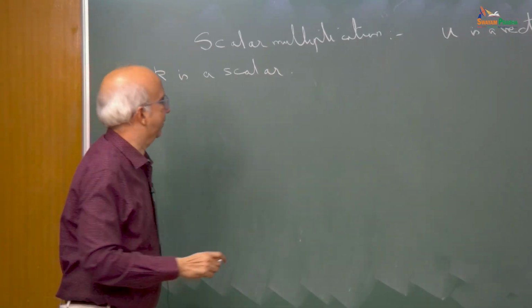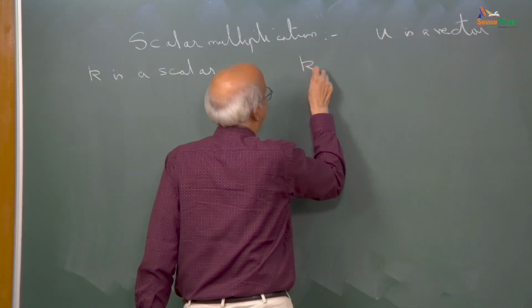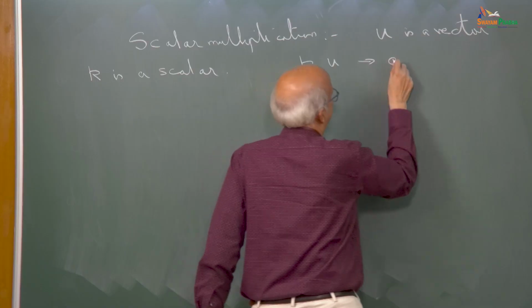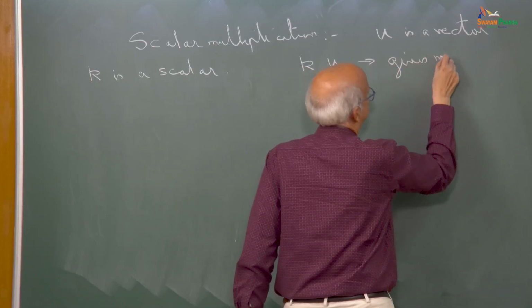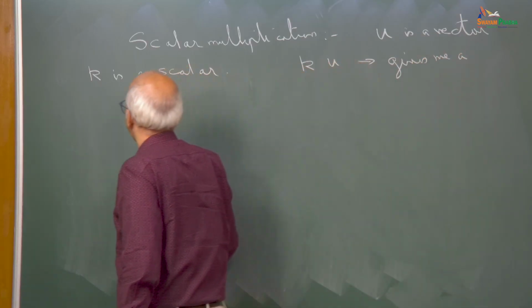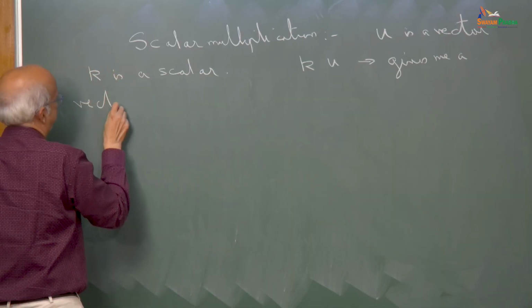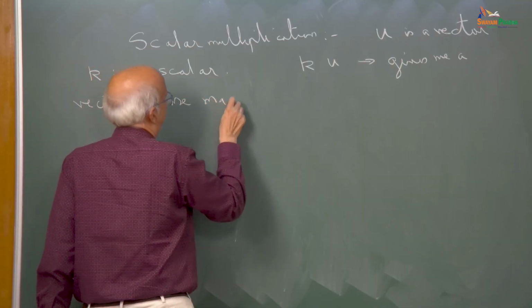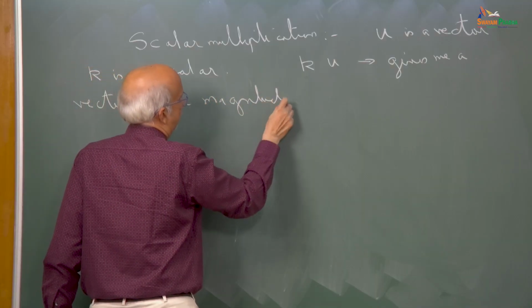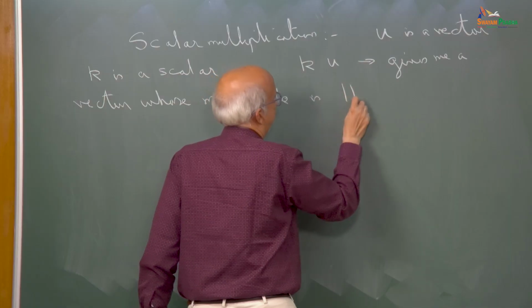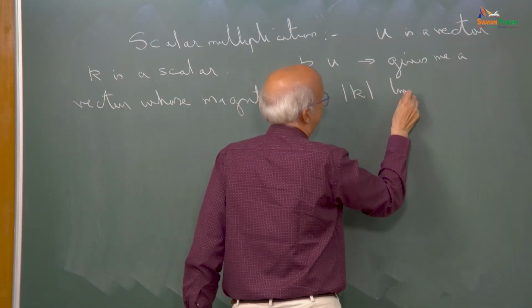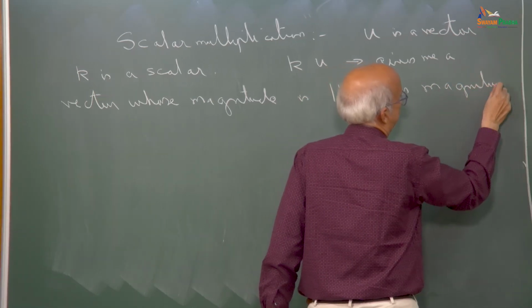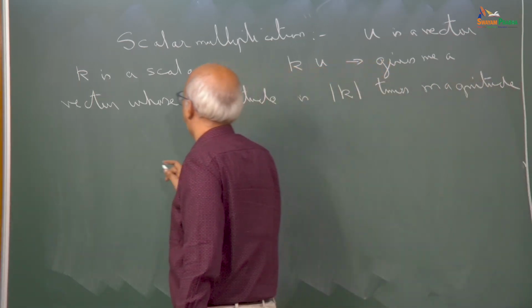Then k times u, a scalar multiplying a vector, gives me a vector whose magnitude is the absolute value of k times the magnitude of u.